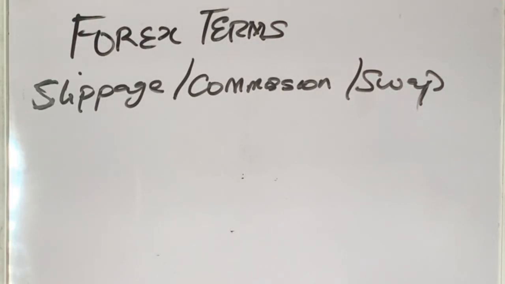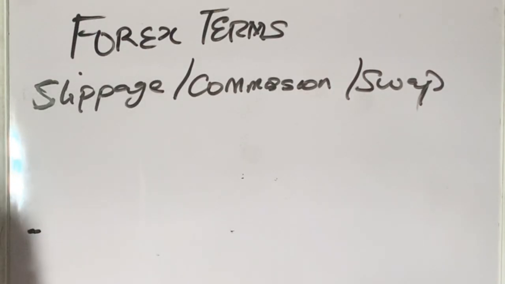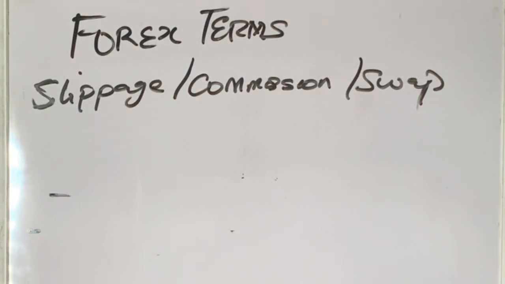Let's take for example, you try to buy from this place, and then your order gets executed at this point. That is what is called slippage. This happens mostly during high impact news or during overnight trading. This is like brokers manipulating price and stuff like that. This has a lot to do with the kind of brokers that you are using to take trades.